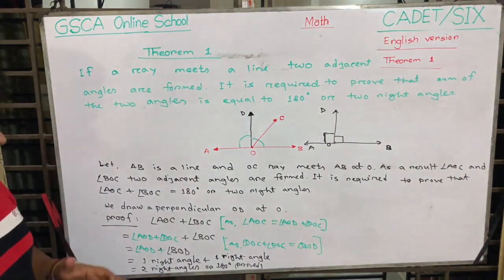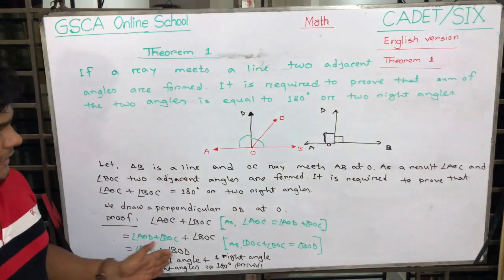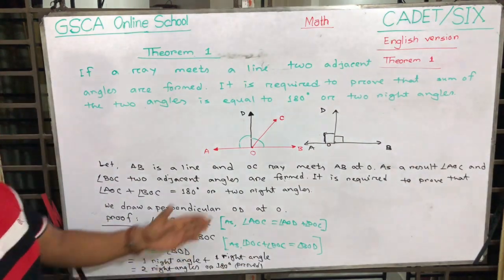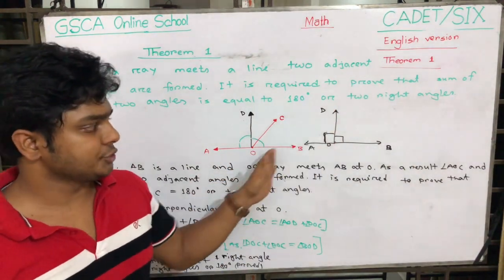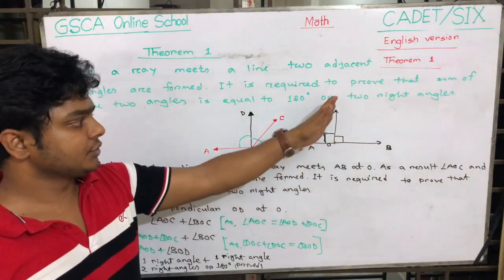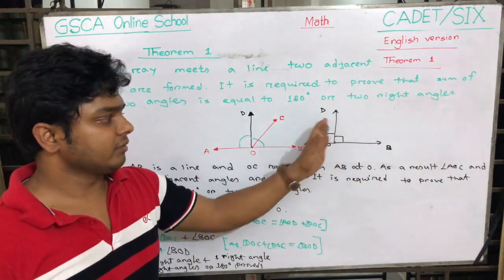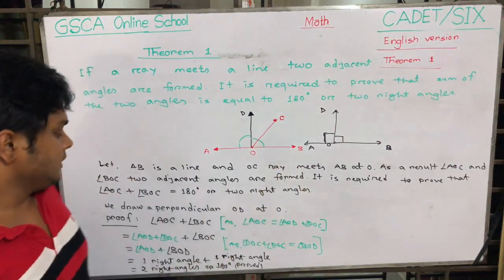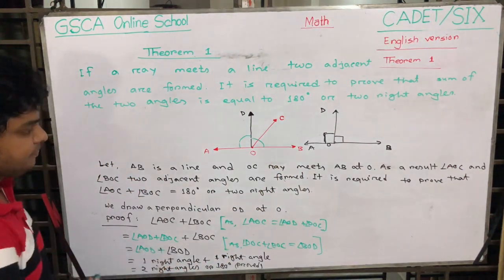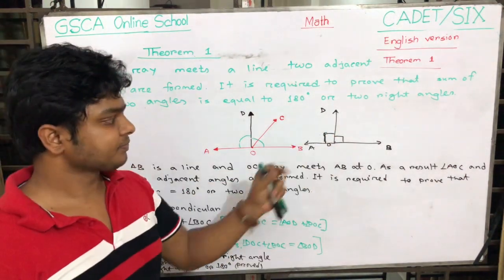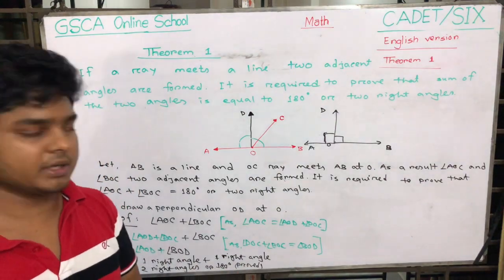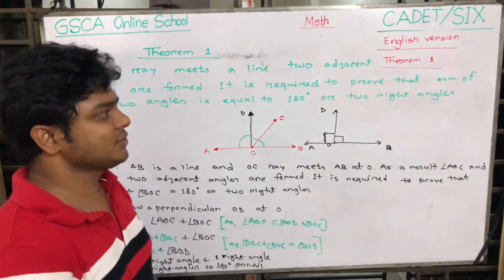You should write this also as your side note. We know that OD is perpendicular to OB, so both sides of OD will produce a right angle. So AOD and BOD, both angles will be what? Right angles. So this is all about our theorem 1.